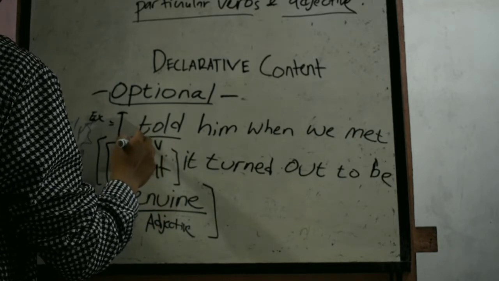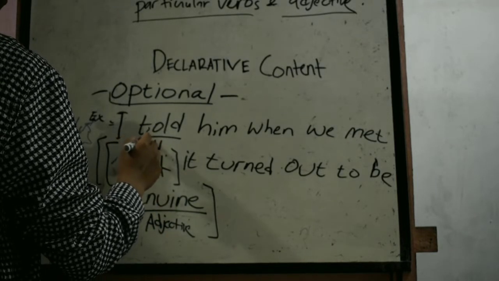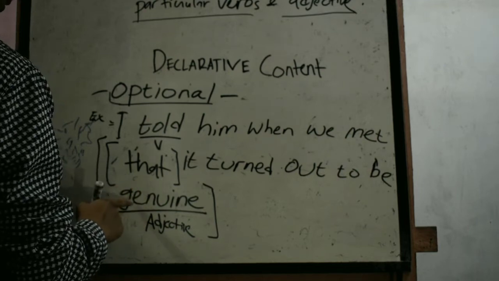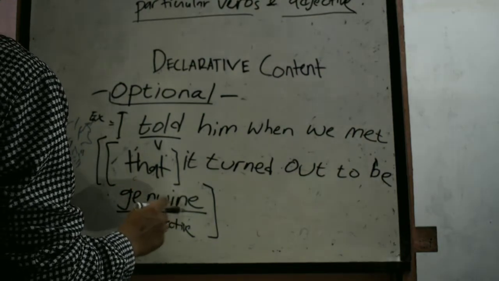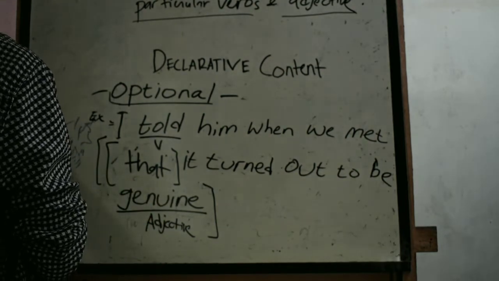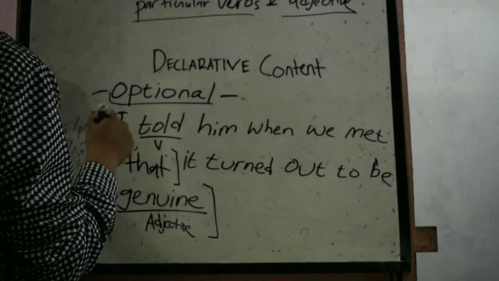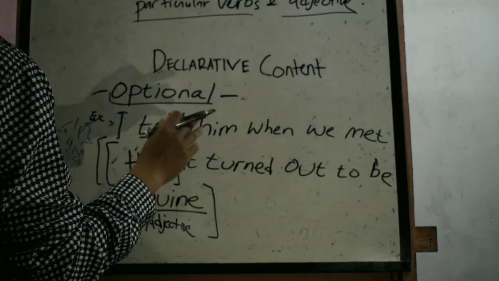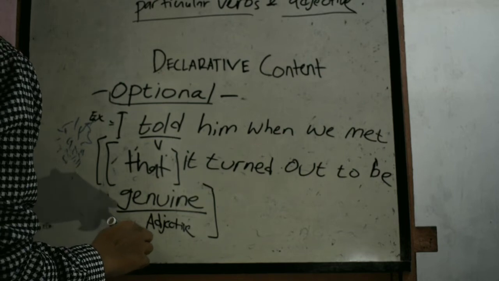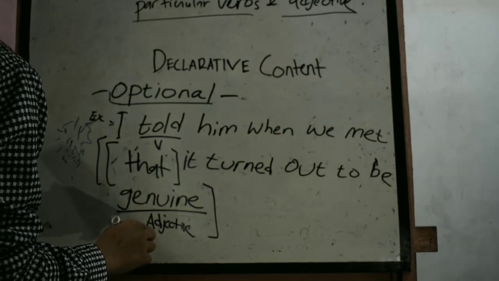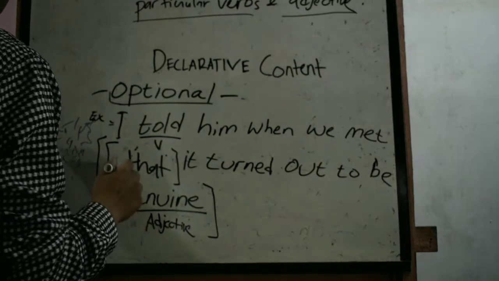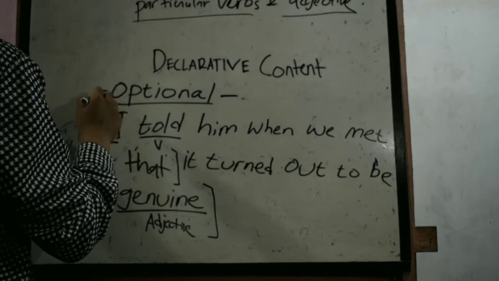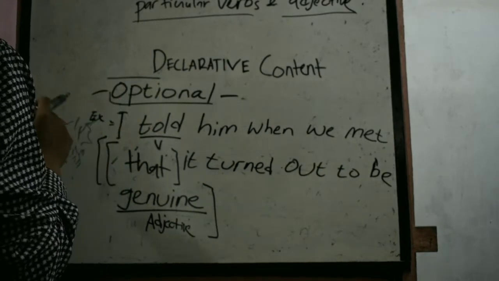We have "told" for verb and "genuine" for adjective. In informal style and in formal style, after a short common verb and after a long less frequent verb, we can use optional.